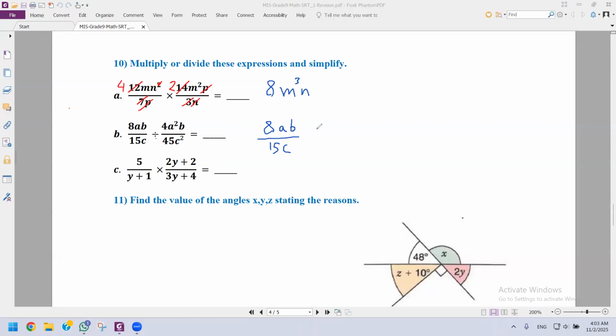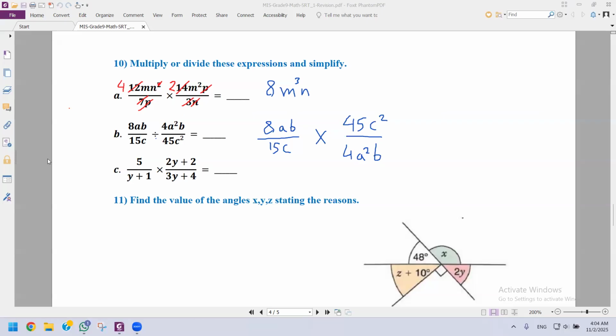Now instead of division, multiplication, and I take the reciprocal only in the second fraction, not the first one. Right? So we multiply by the reciprocal. 45c square over 4a square b.